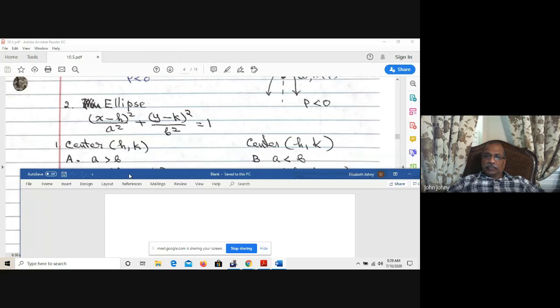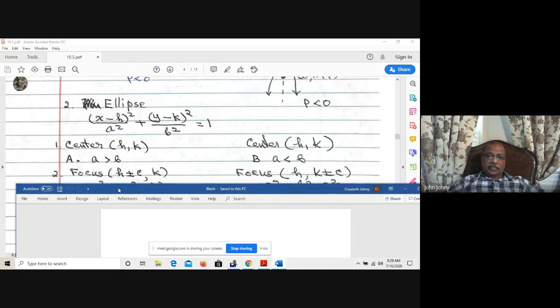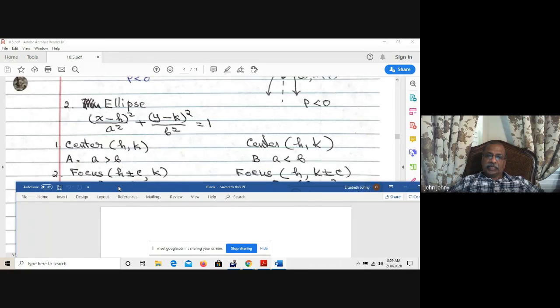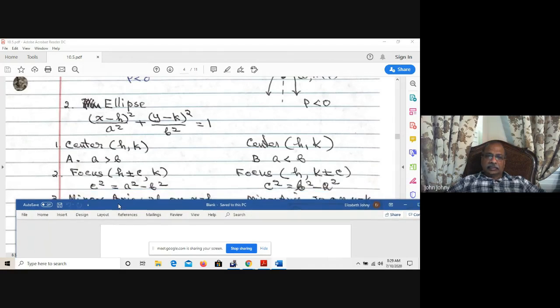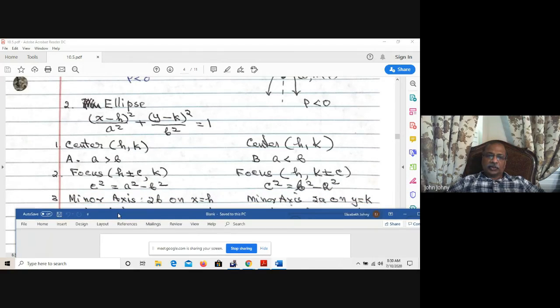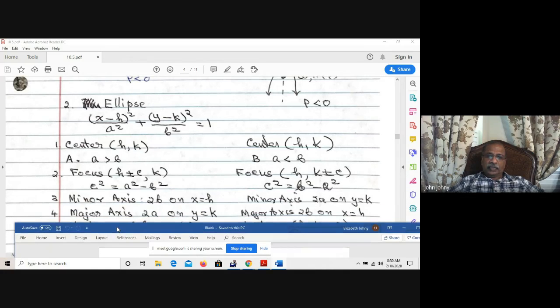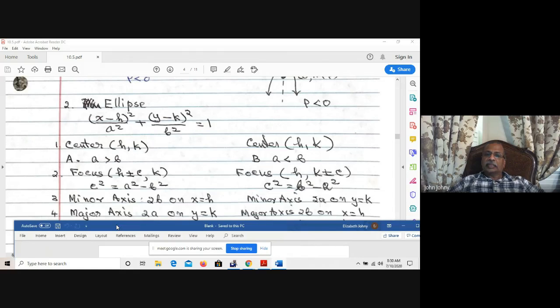There are two cases: a is greater than b, or a is less than b. We are discussing a is greater than b. The foci are h plus or minus c, k. c squared is a squared minus b squared. The minor axis is 2b on the line x is equal to h. The major axis is 2a on the line y is equal to k.